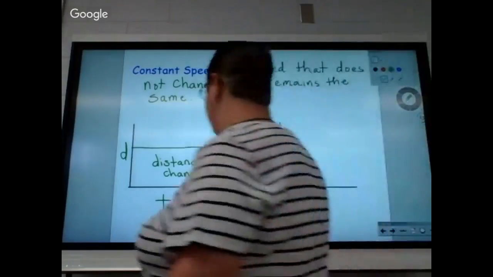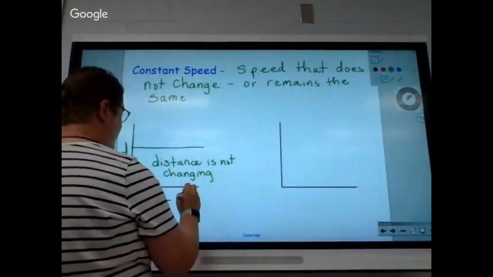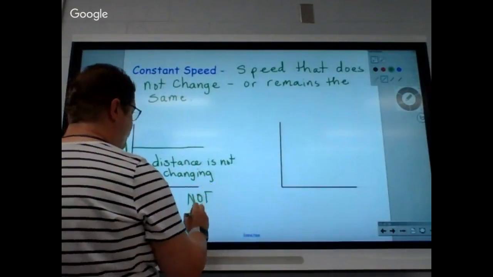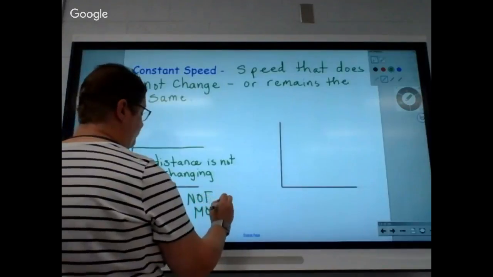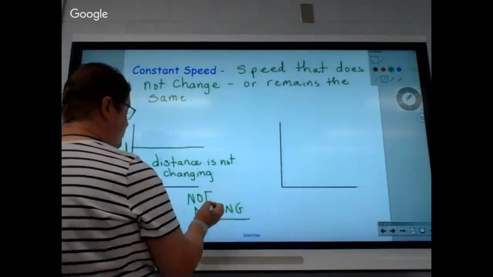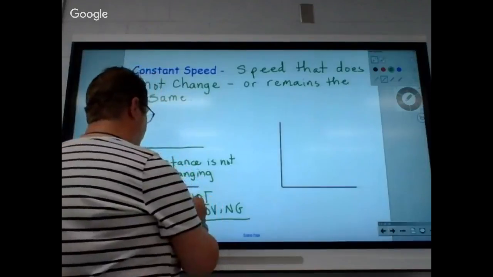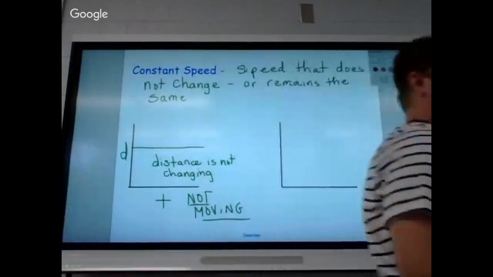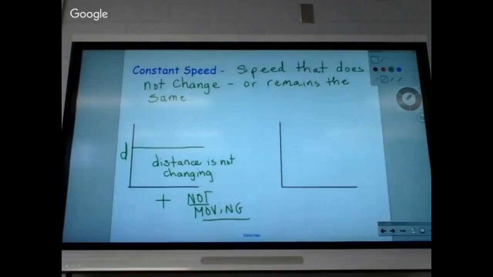That's exactly right. This graph is a graph of not moving. That's what that graph is that y'all just drew right there. Y'all are not moving. Distance is not changing when we draw it like this.